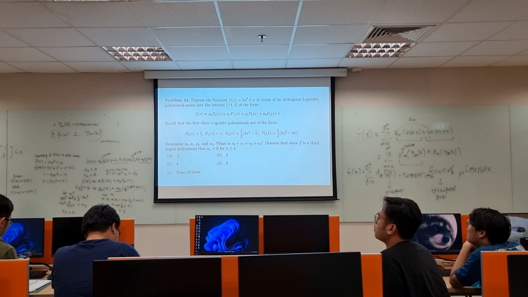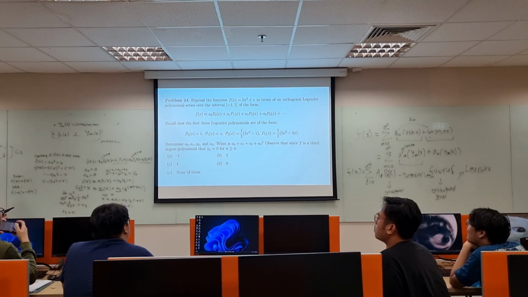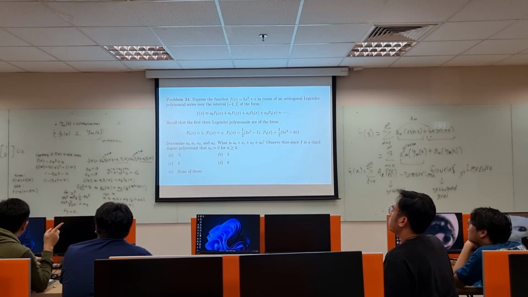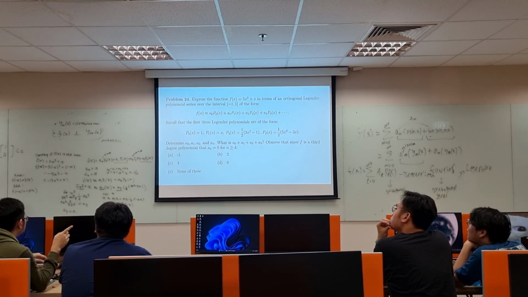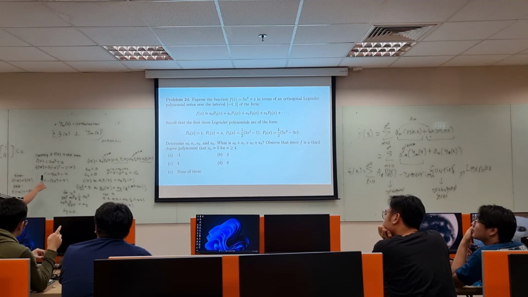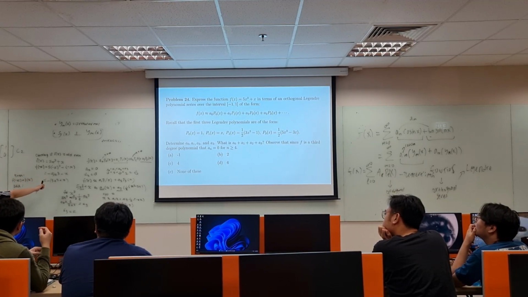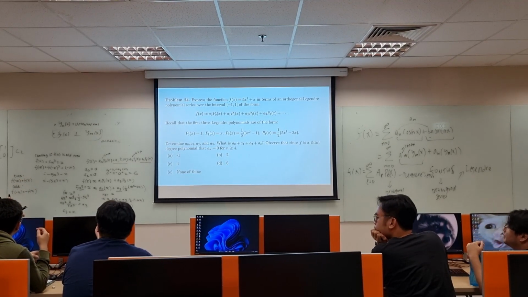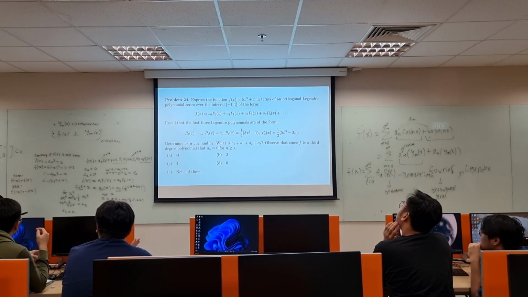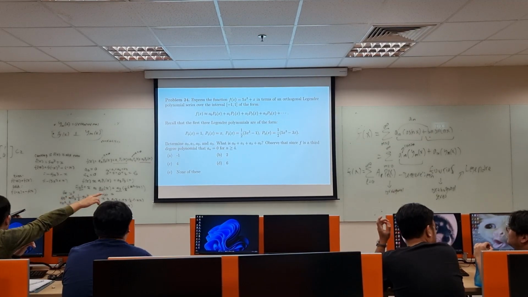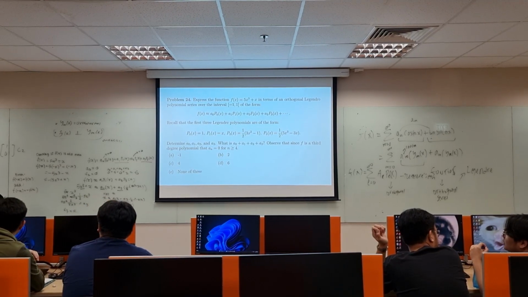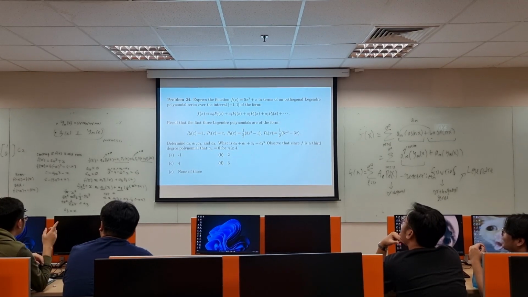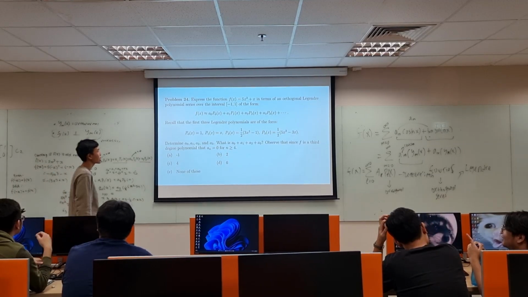Any question? So the even function will all be zero. Let me repeat it again. We first need to determine the given f(x), right? So we check if this is odd or even. If the function is odd, we zero the even terms.